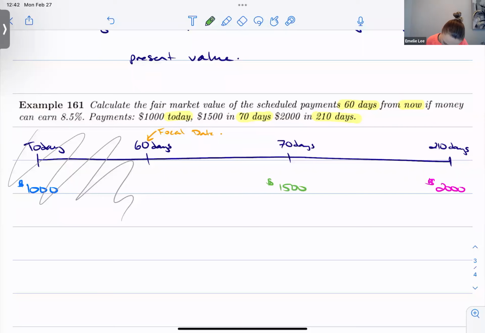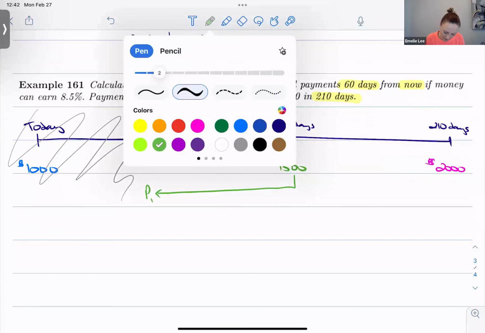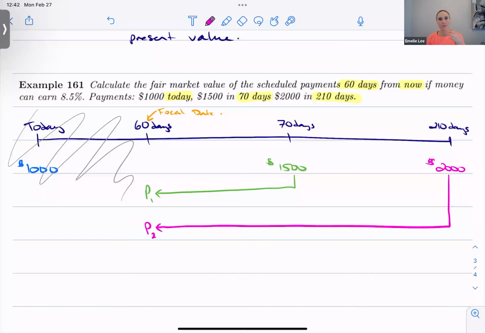So this 1,500 is worth something at the 60-day mark, and because it's being pulled backwards, it's a present value. Same thing with this $2,000, this pink one is also worth some present value at the 60-day mark. So these are exactly like what we said before.